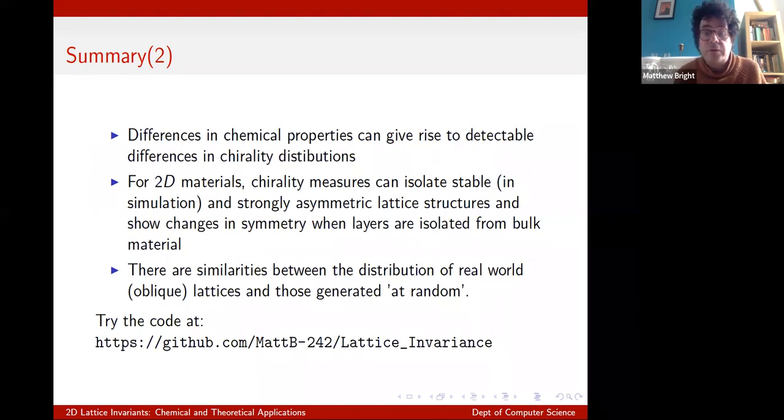We can also use this to compare, in some continuous space, lattices from the world and lattices generated at random. And you are very welcome to try the code, which can now generate random lattices. It can map lattices for you. It can create all these invariants, put them in whatever map you like, at the GitHub.